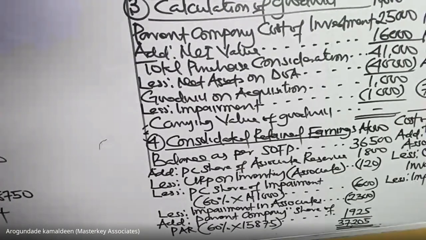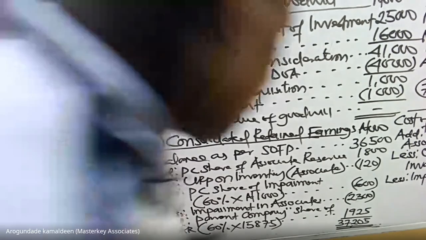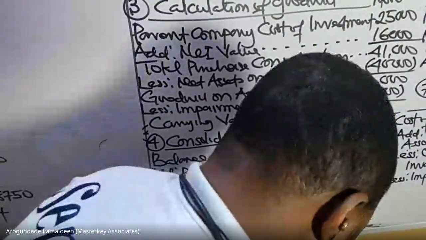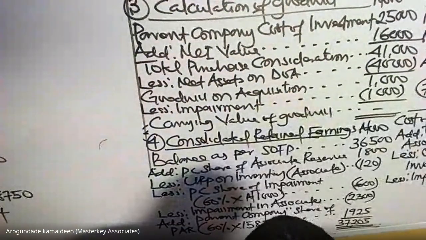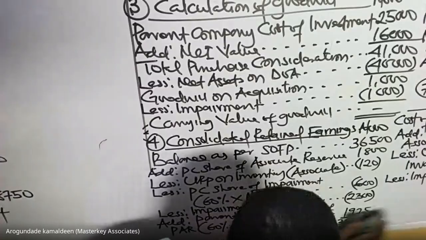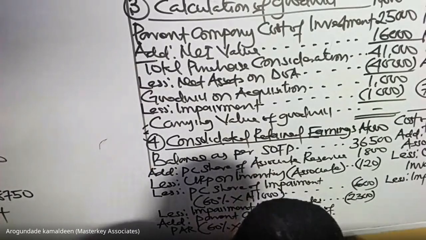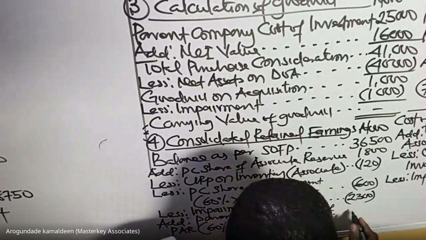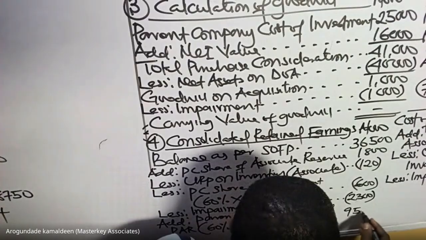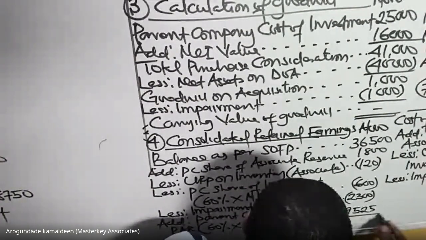Let me check: 60% of 15,875, 0.6 times 15,875, is 9,525.